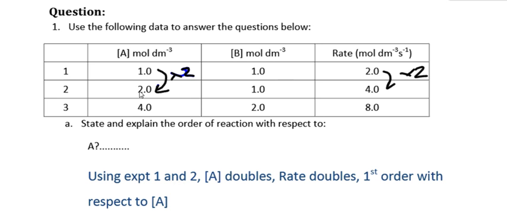What I'm going to do then is say, well, I know that A is first order. So here I've got times 2. We can see that's times 2. And here we've got that the rate is also doubling, going up by times 2.